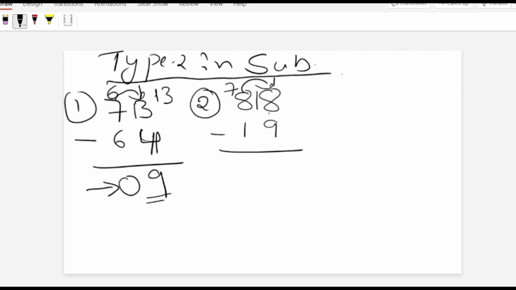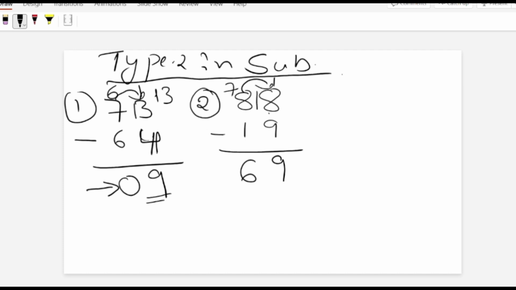Now we can subtract 18 minus 9: 9, 10, 11, 12, 13, 14, 15, 16, 17, 18. Count your fingers. 18. How much? 9. Okay. Then 7 minus 1, how much? Easy. You will know. 6. 69. Simple. Concentrate here.